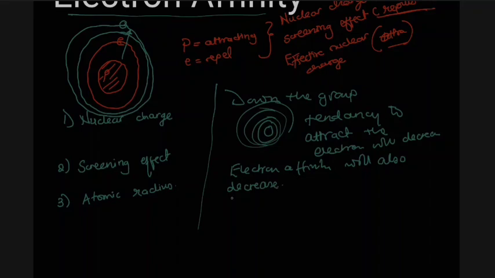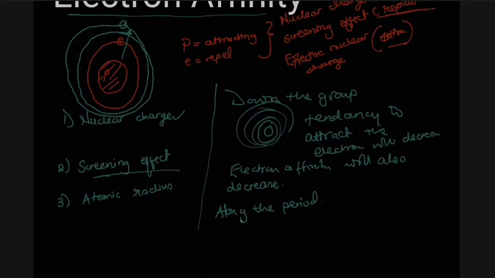However, what about along the period? The atomic radius remains the same, right? But nuclear charge is going to be increasing. But screening effect also will remain the same, because the electrons are being added to the same energy level.